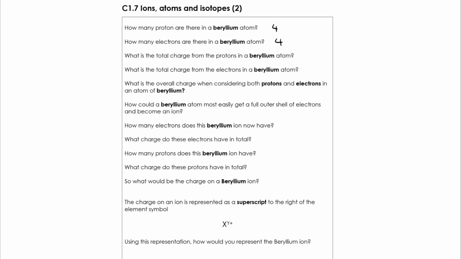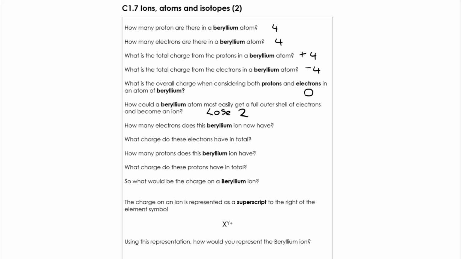Now we know that the charge on one proton is +1 and on one electron is -1. So my total charges are +4 and -4. And if that's the case, my overall charge is therefore 0. Now for beryllium to get a full outer shell, which is what it will do when it reacts, the easiest way to do that with an electron configuration of 2-2 is to lose 2 electrons.